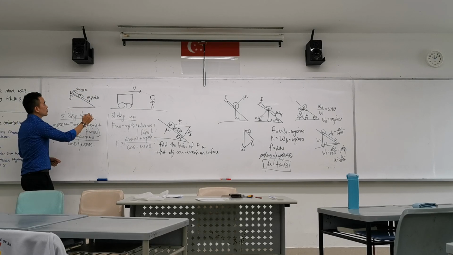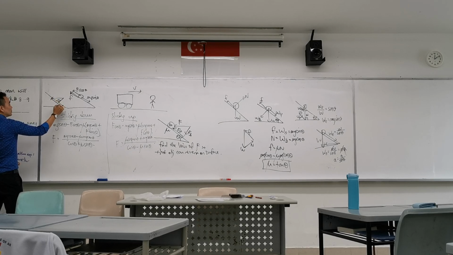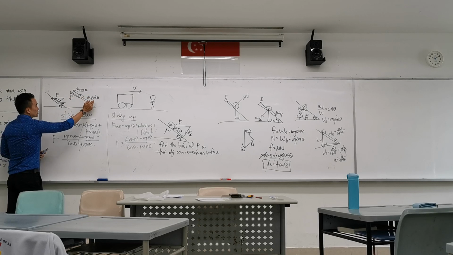Why F cos theta? Because when you resolve, the force that you resolve has to be the hypotenuse. If this is theta, this is 90 minus theta, and straight away this is theta. So if this is the force, this will be F cos theta. Therefore, this plus this must be equal to this.